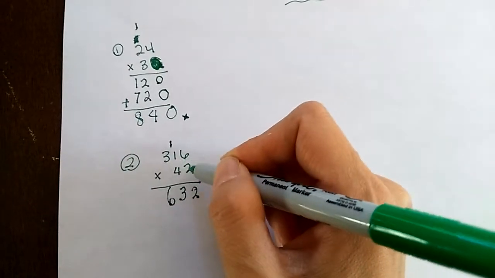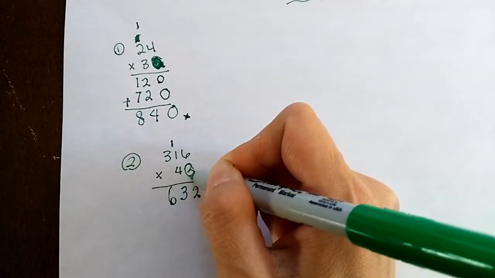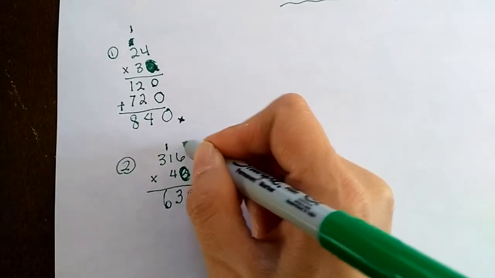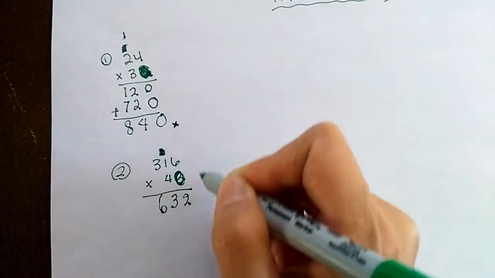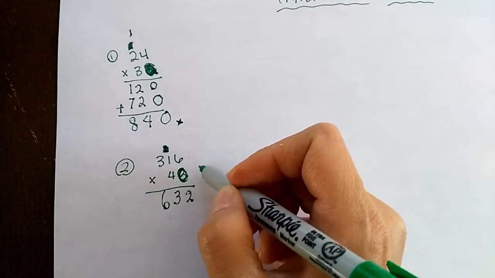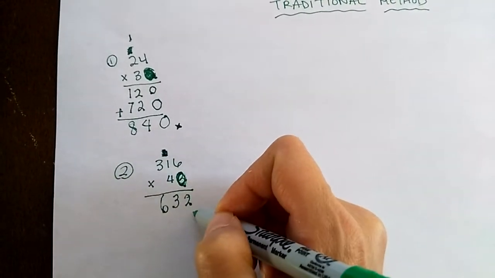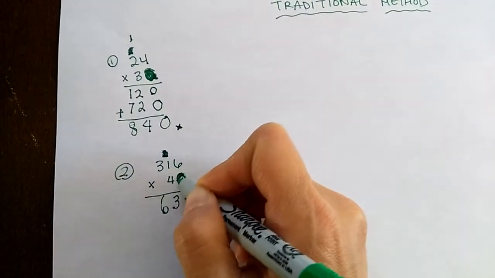Now I did my 316 times 2, and so now I have 316 times 40 left, and I almost like to make that into a 0. And I cross that out because I know I already did it. Now I have 1 0 in my problem, so I put that in my answer.